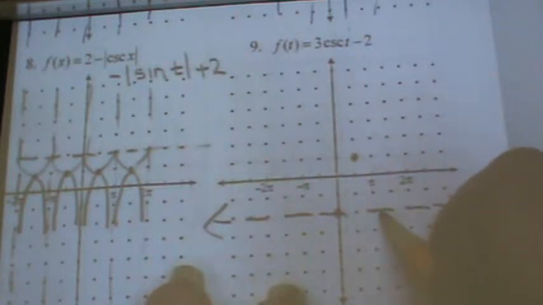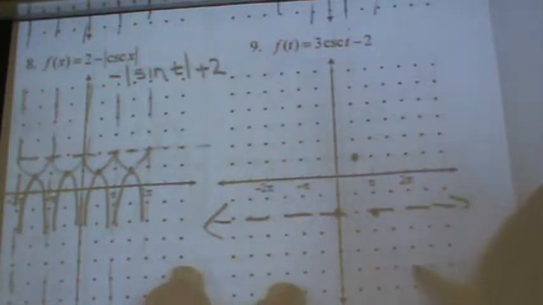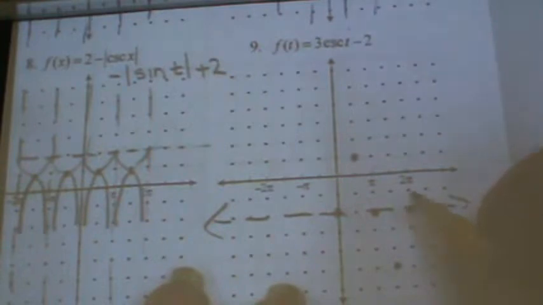So you're gonna go 3 up. On. Below. And on.